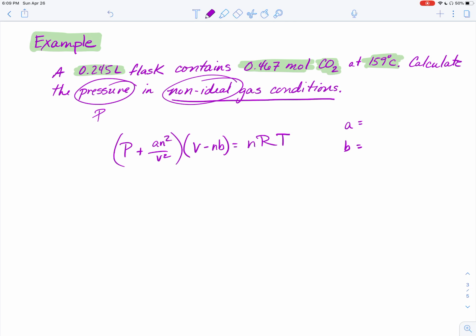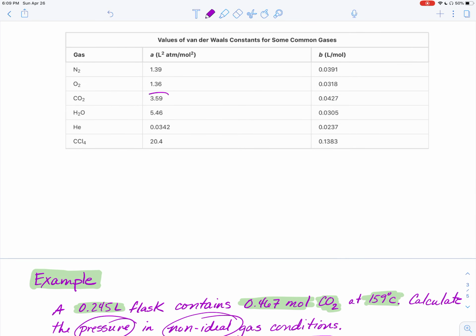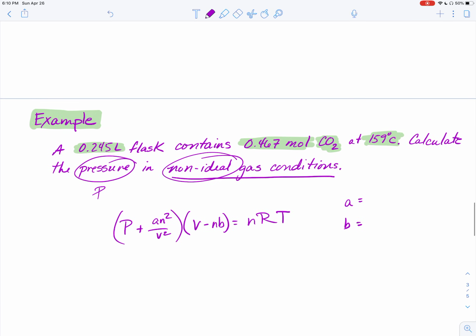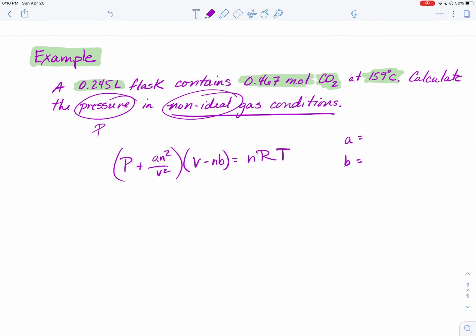And if we go and look those up in the table, we have 3.59 and 0.0427 with their respective units. And so let's make sure that we have those written down of liters squared atm per mole squared. And for B, that is 0.0427 liters per mole. So let's have those.